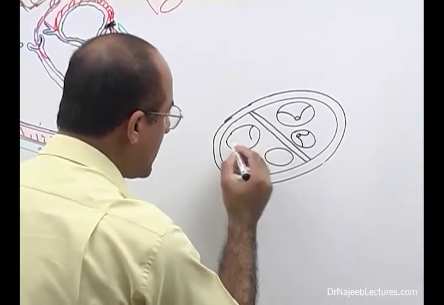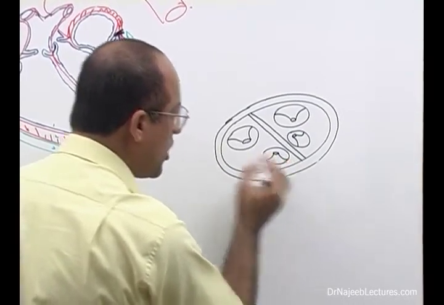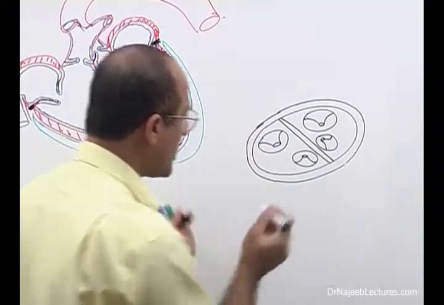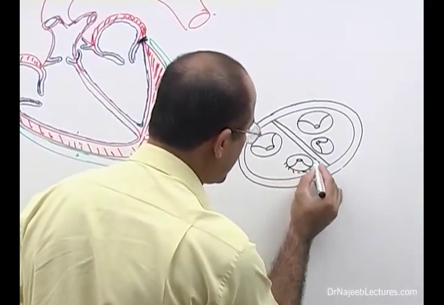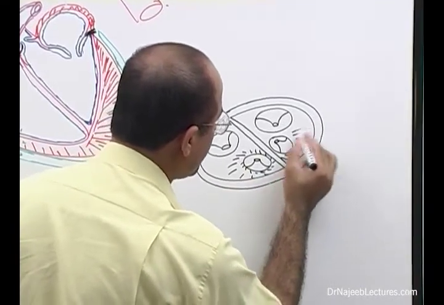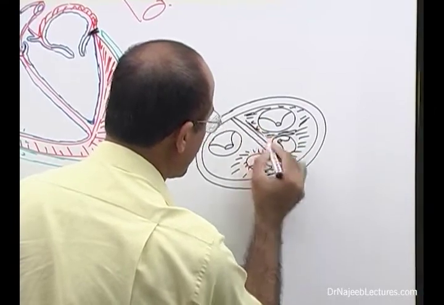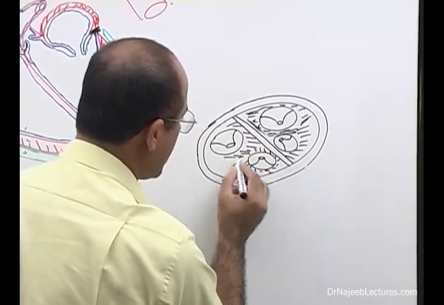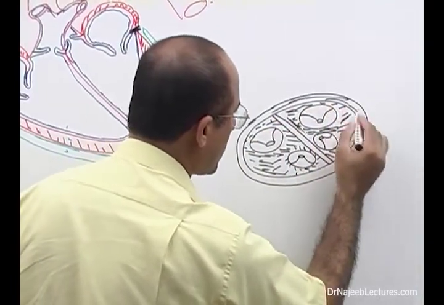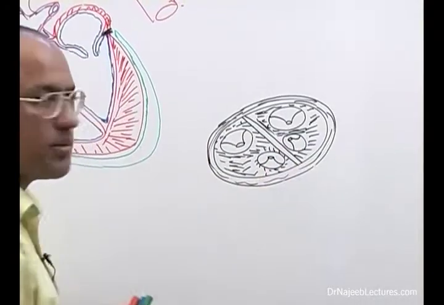This is the area for tricuspid, and this is the area for pulmonary valve. It means this is the basic structure, right? This is a very strong ring, and this fibrous plate or fibrous ring, right, having these four main apertures.